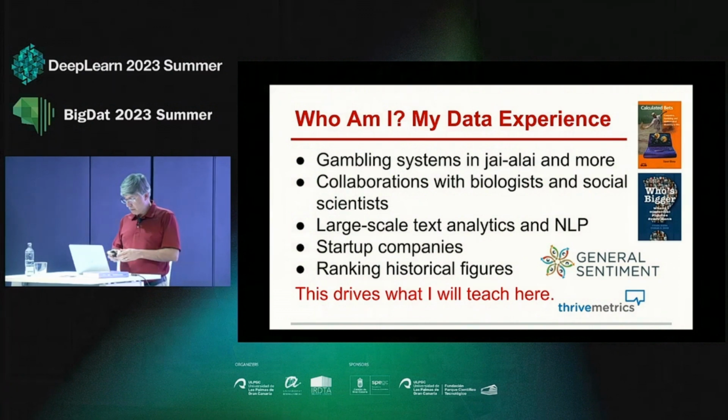I've had a bunch of collaborations in bioinformatics with biologists, so I know how biologists work, and social scientists. I work a lot in text analytics and NLP. We once had a startup company that tried to do sentiment analysis from text. And that's something that involved data analysis.